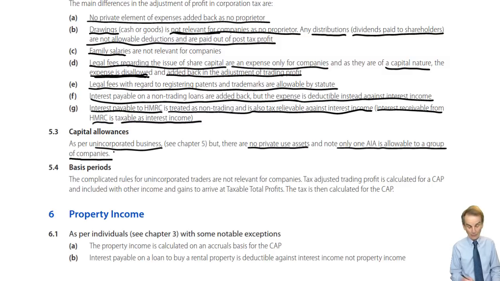We have to wait till Chapter 22 to see groups of companies, but a group of companies gets only one AIA. We cannot have one company creating a sub and another sub and another sub, splitting out our activities between these different companies and seek to get £200,000 of AIA in each of those companies.